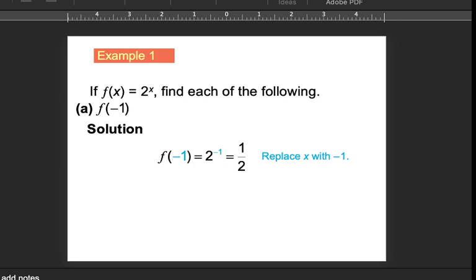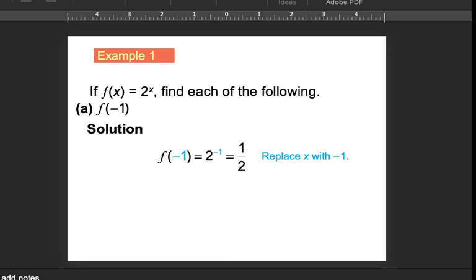So we have 1 over 2 still raised to the power of 1. You can't forget that although you have the negative exponent, when you bring it to the denominator, that exponent becomes positive. And clearly 2 to the first power is just 2.